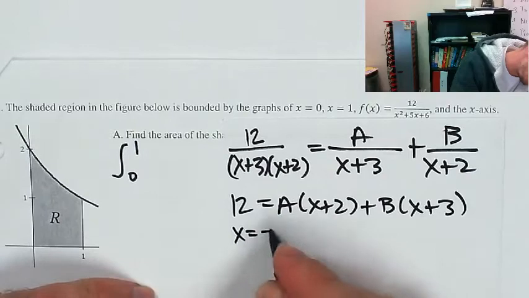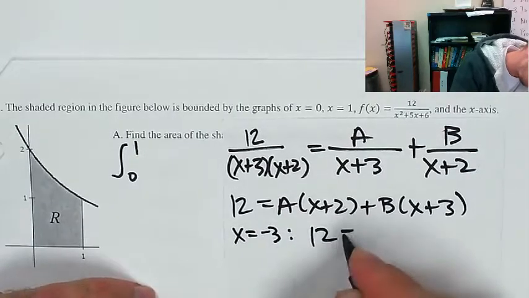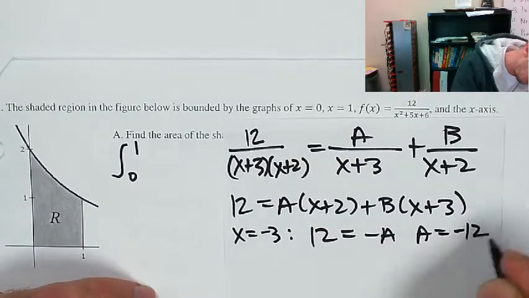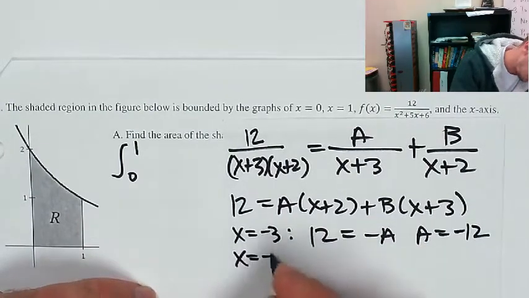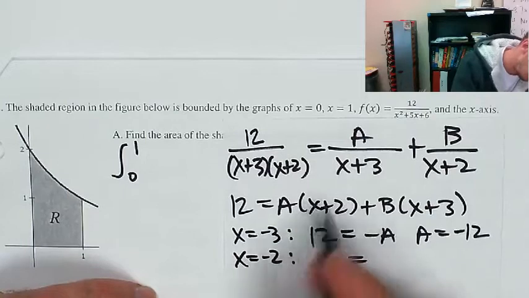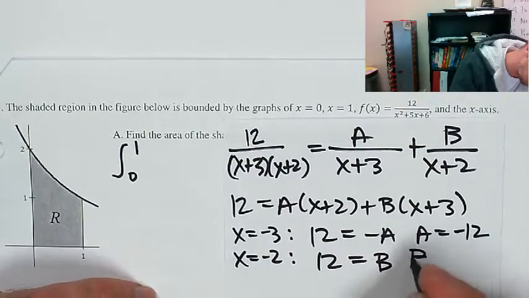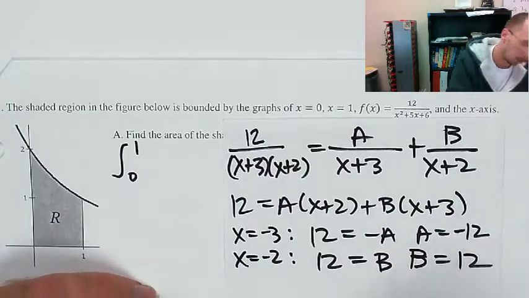Let x equal negative 3. And then 12 will equal negative a. So a feels like negative 12. And then when x is negative 2, I've got 12 equals b. So b equals positive 12.